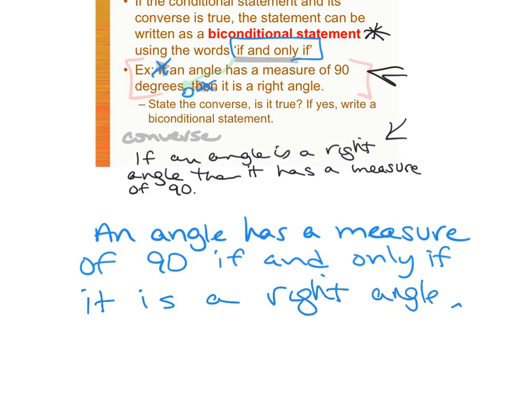So this is based off the original statement. I took out the word if, I took out the word then, I took out the comma, and put in the words if and only if.